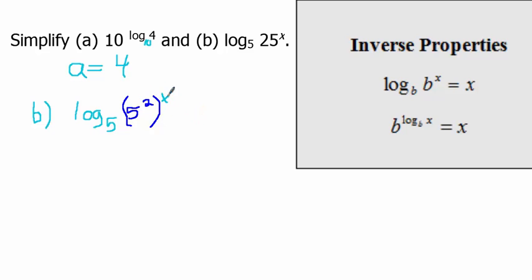Now my rules of exponents tell me to multiply these things. So now I have log base 5 of 5 to the 2x power. And this part cancels, so B, the answer is 2x. They're ugly looking, surprisingly clean up nice.